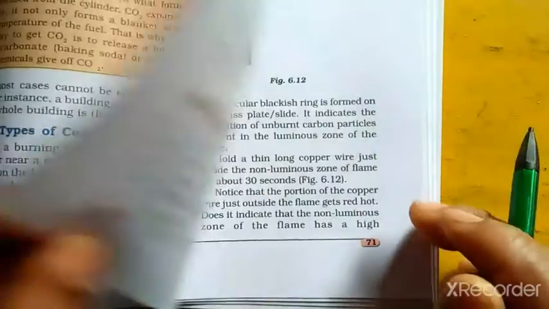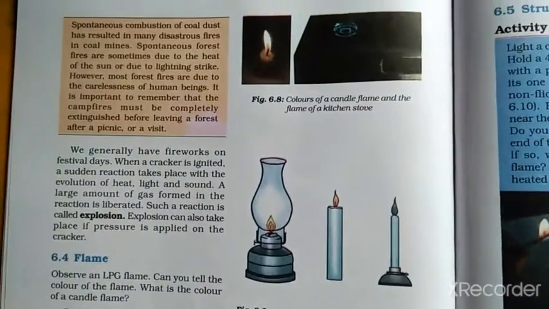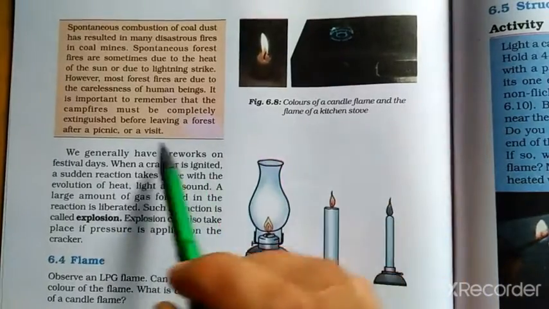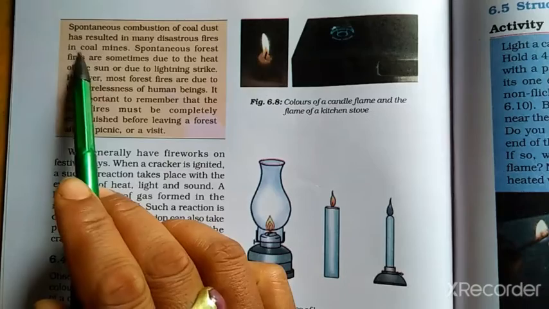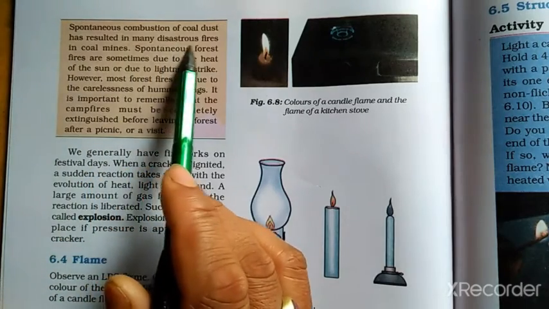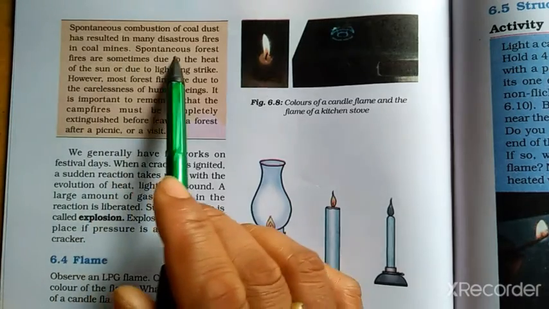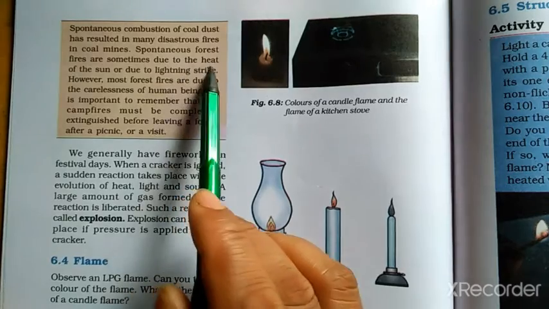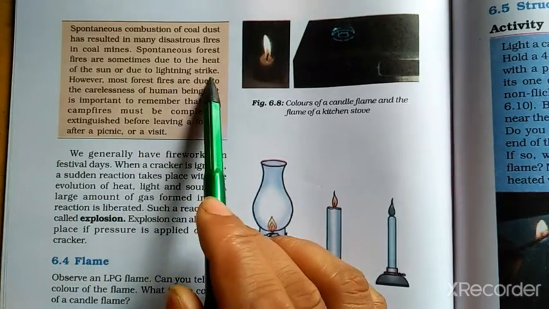Next page, let's see textbook page number 70. Spontaneous combustion of coal thus has resulted in many disastrous fires. In coal mines, spontaneous forest fires are sometimes due to the heat of the sun or due to lightning strike.